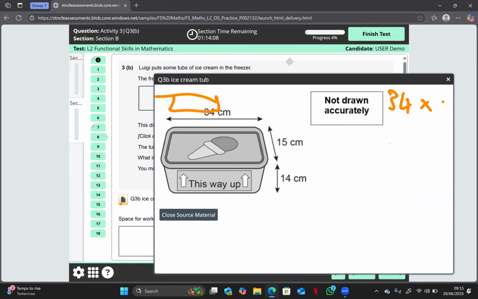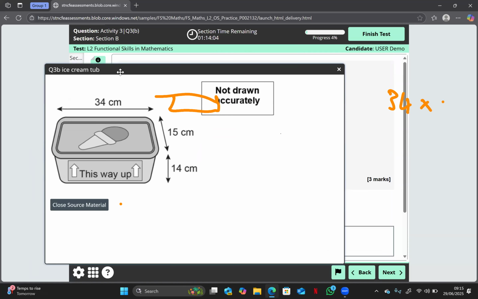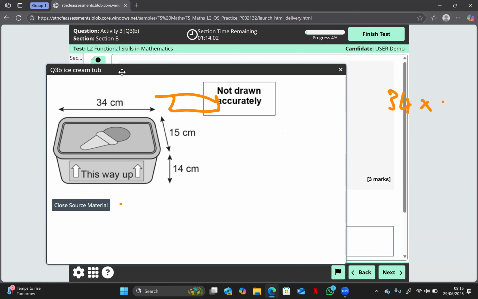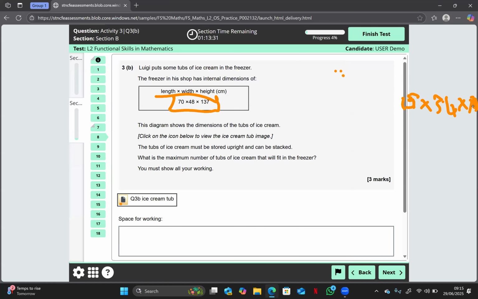One second, sorry. It was length times width times height, so the length was 15. How many will fit in?